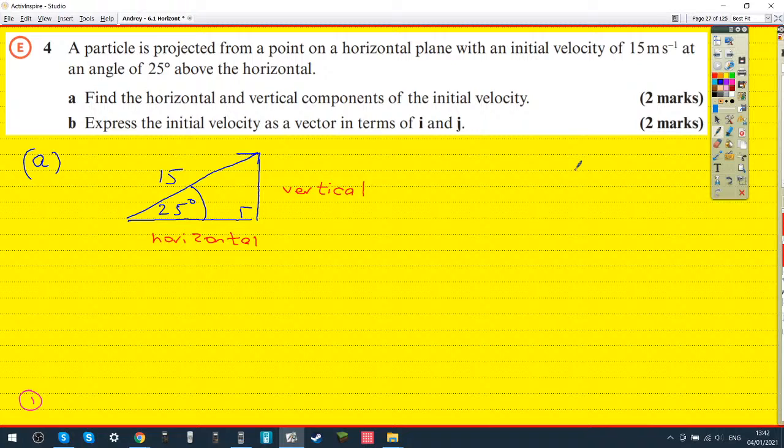So sine of 25 is equal to opposite over 15. Yeah. And so 15 sine 25 is equal to the opposite.